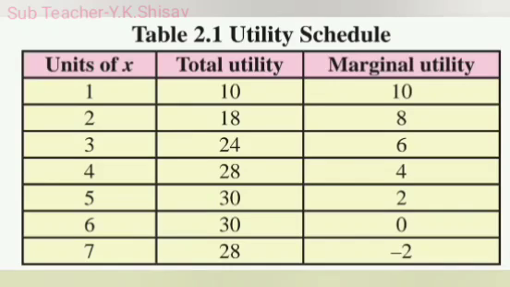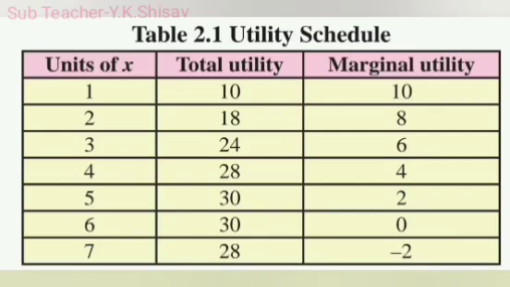See, utility schedule. This utility schedule table has 3 columns. First column is units of a commodity X. Second column is total utility. Third column is marginal utility.